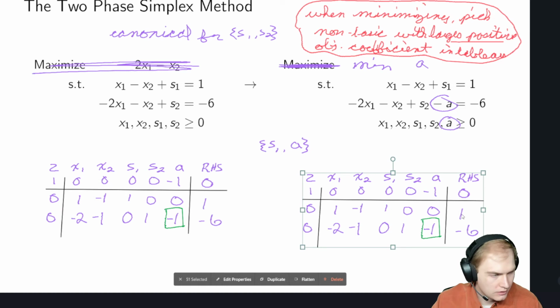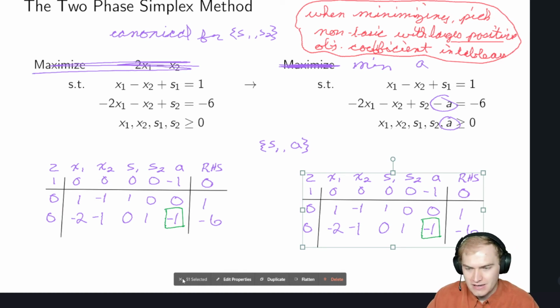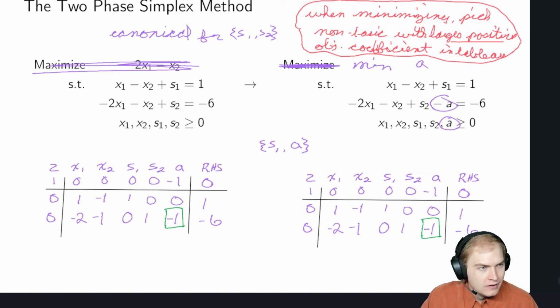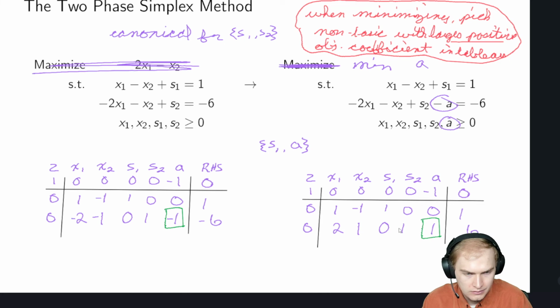We start by negating all of that. So R2 prime is negative 1 times R2.